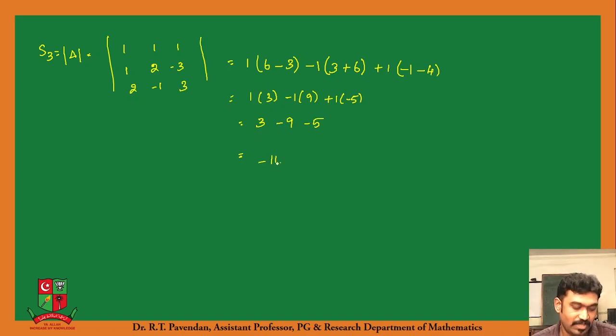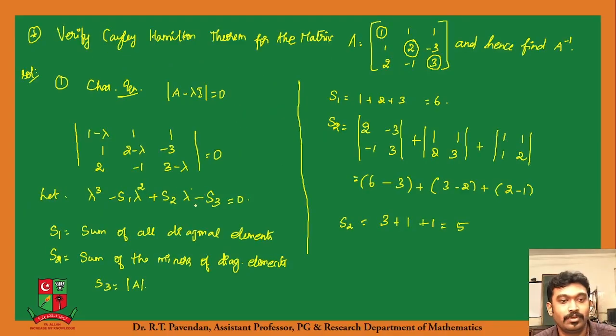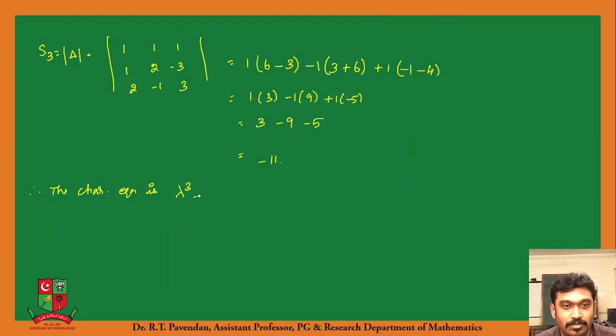So the given matrix, we have got S1 value, S2 value and S3 value. Now the actual, therefore the characteristic equation is lambda cube minus S1 lambda square. So our S1 value is 6, minus 6 lambda square.